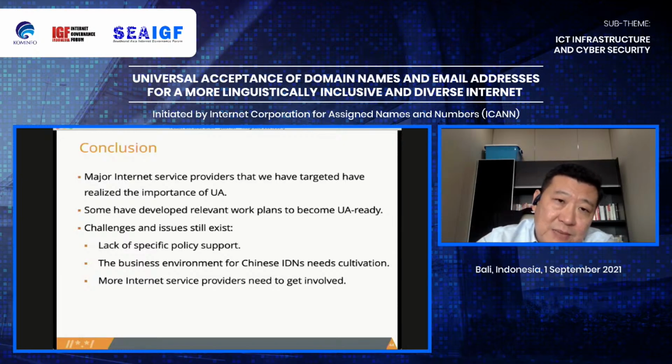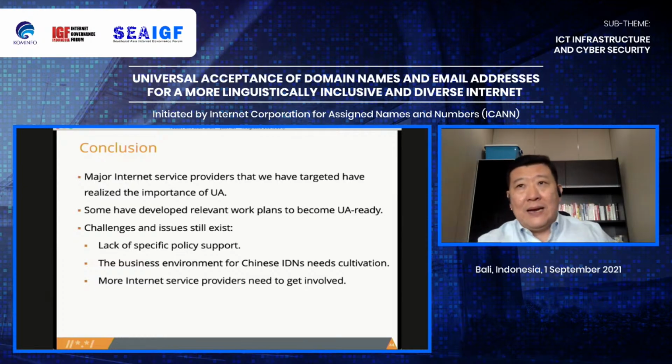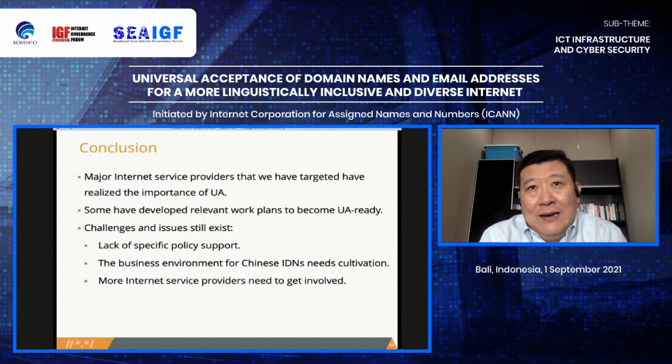I will give some major conclusions about the China IDN and UA issue. We think that the major internet service providers, before, maybe were not familiar with the new gTLD, IDN, and UA, but now we believe that with the effort of CNDI, those internet companies have already realized it.